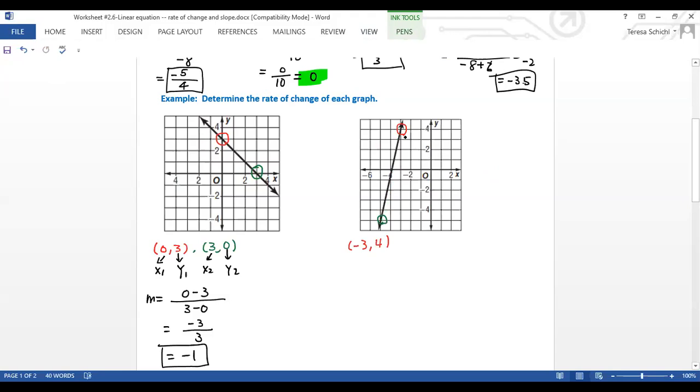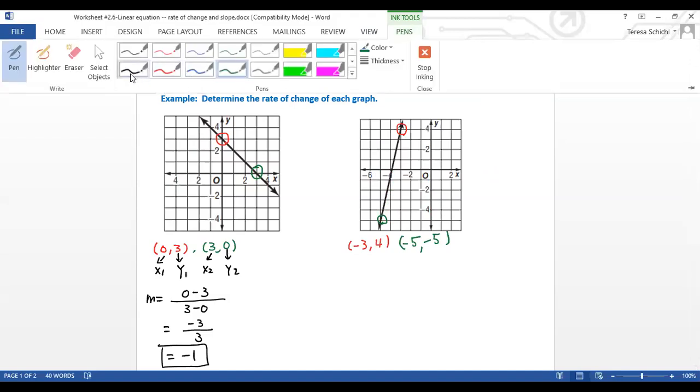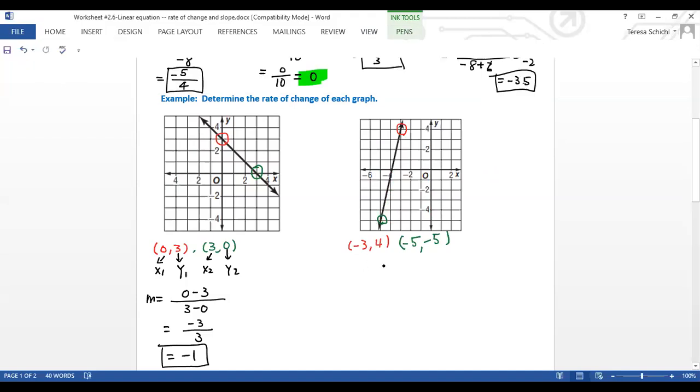So let's take a look. What is this point? This point is -5, and here the y is what? It's -5. Correct? For this type of problem, as long as you can find the points, then you just say this is x1, this is y1, and this is x2, this is y2 here.